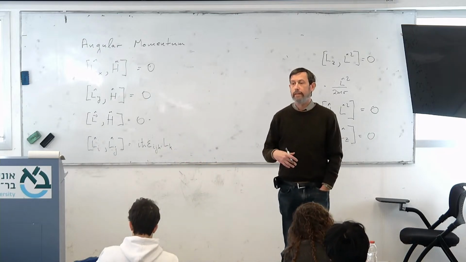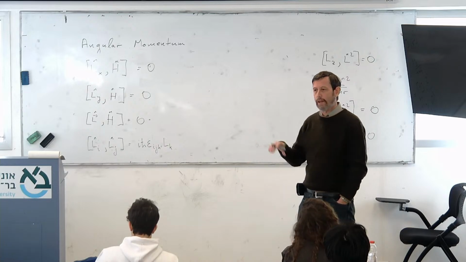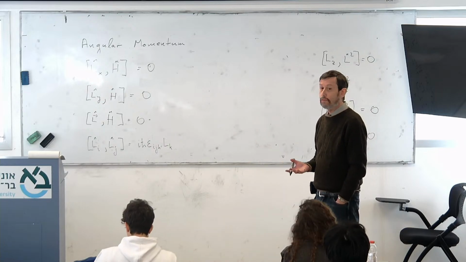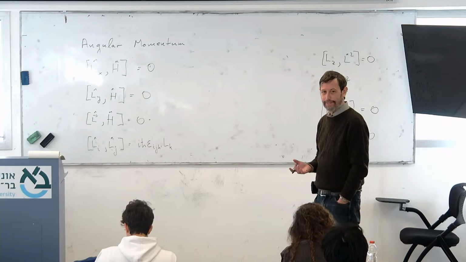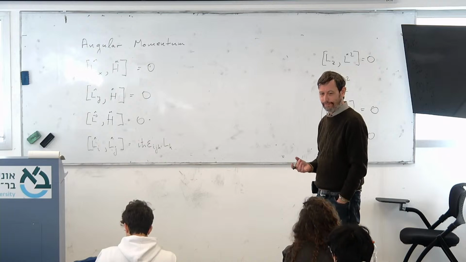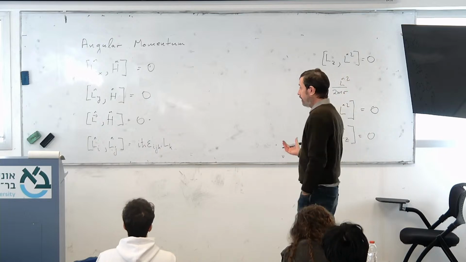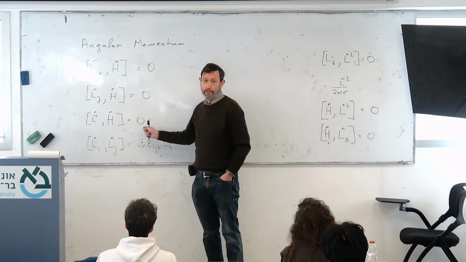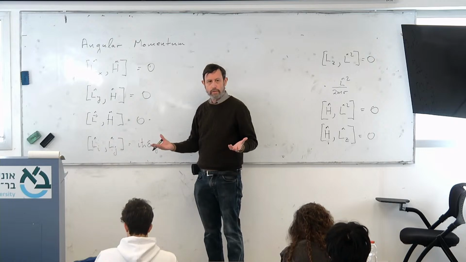X and Y, X and Z, Z and Y don't commute with each other. Why is that? First, just look at the definitions.